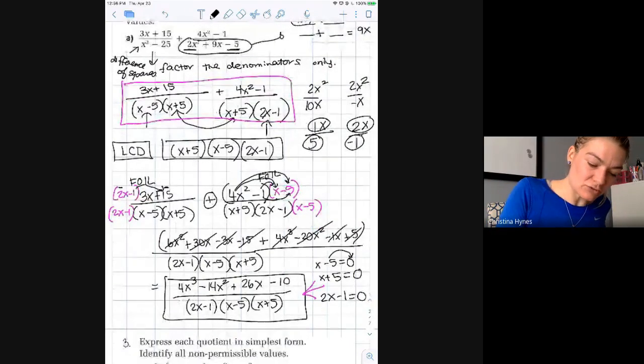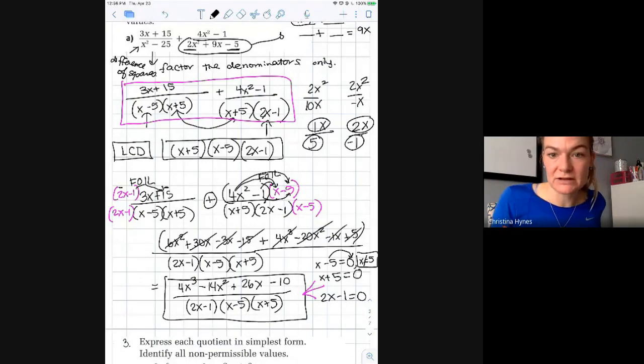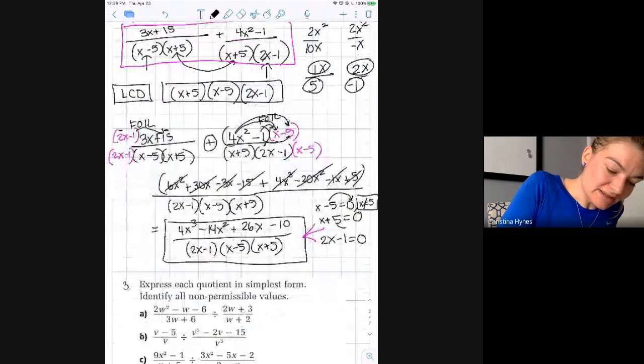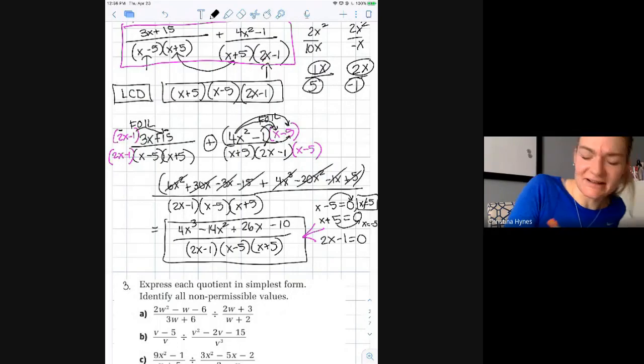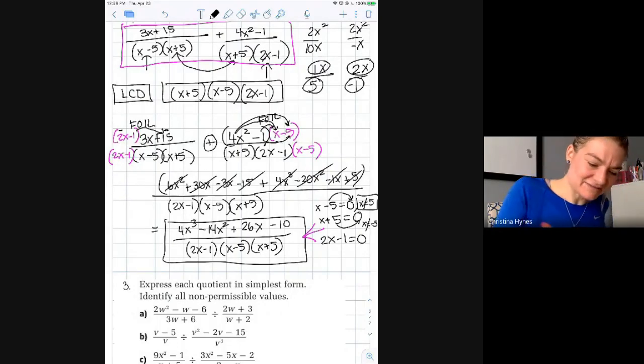This negative is going to go to the other side, leaving you with x equals 5. And that's what x is not allowed to be equal to. So that's your non-permissible value. Bring this positive 5 to the other side, which gives us x equals negative 5. X cannot equal negative 5.